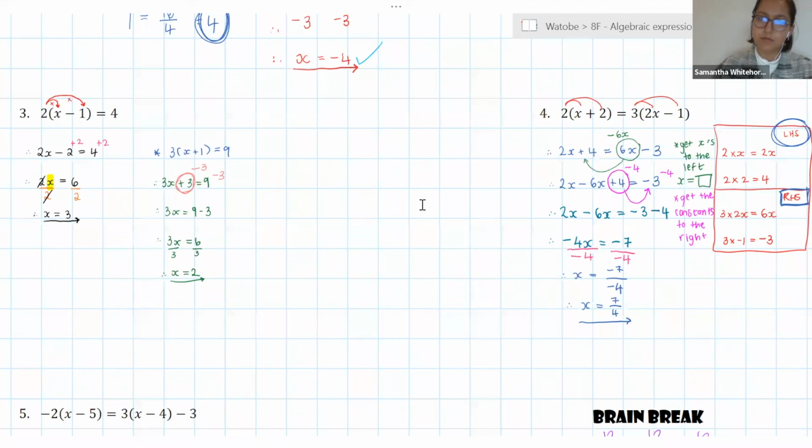You say 2x and then minus 6x and then plus 4 and then equals to negative 3, and then you take the x's, both x's, and put them together, and then you take the numbers and put them together, and then after you take that answer, that is your final answer.